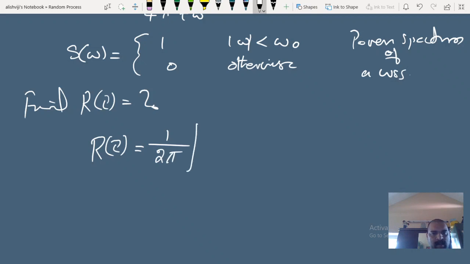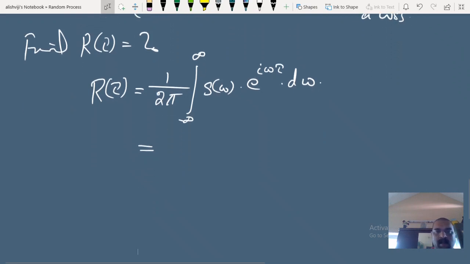So it is 1 by 2 pi integral minus infinity to plus infinity S omega into e raised I omega tau into d omega. So that is how we define the inverse Fourier transform.